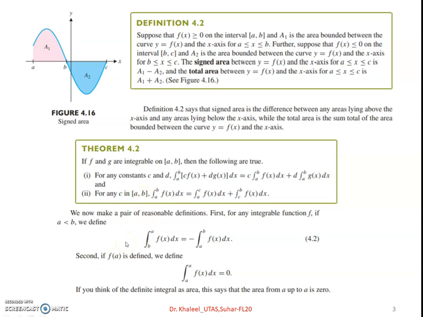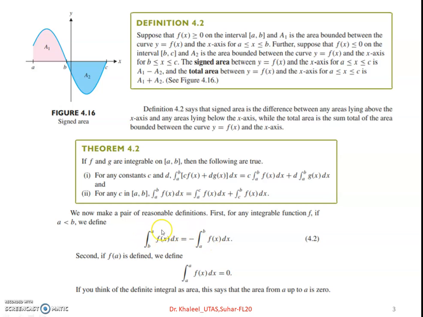Another two important theorems: the integral from b to a of f(x) dx can be written as minus the integral from a to b of f(x) dx, where a is less than b.